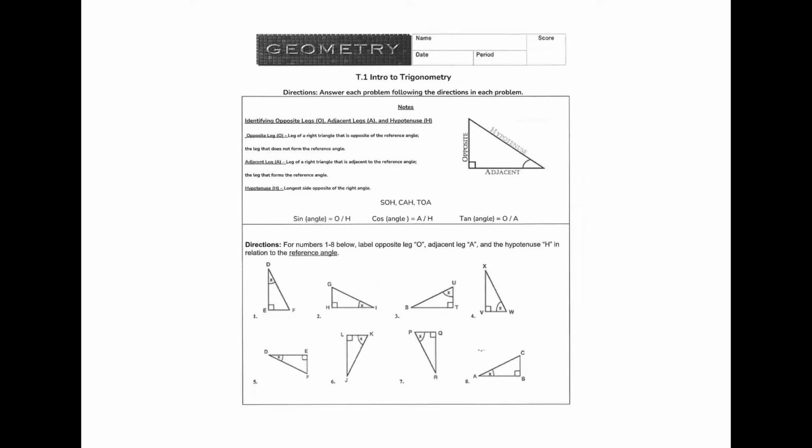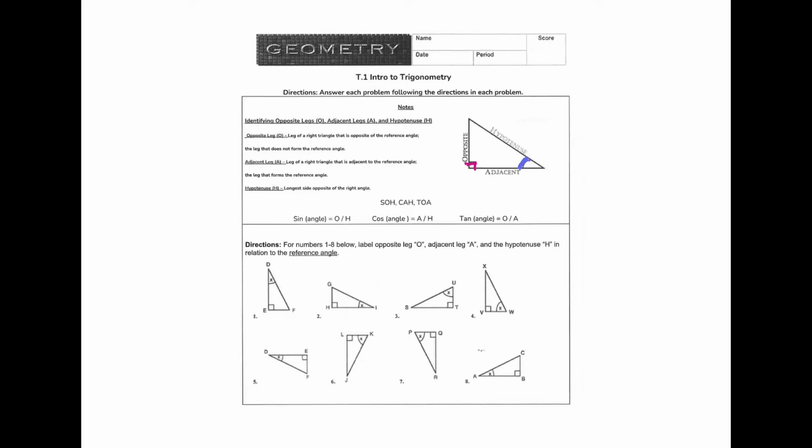So the first thing I want to focus on is some vocabulary. It's important when we're doing this that trig is always going to be using a right angle. So we're going to want to make sure that we have a right triangle. Then there's also going to be an angle that we care about.